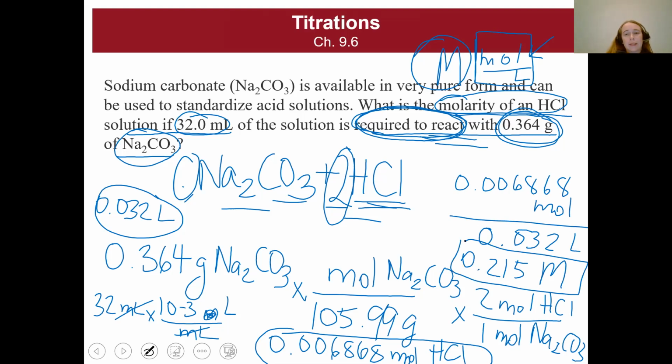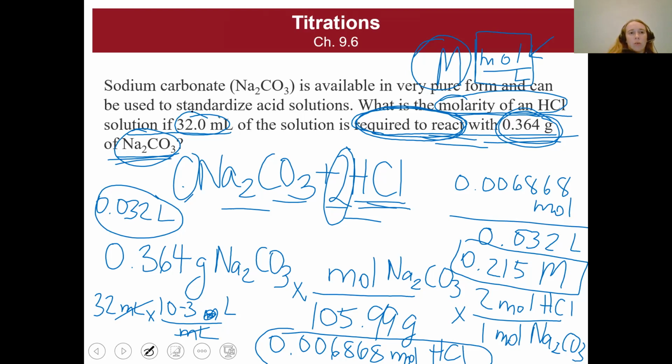So that is how you solve this type of problem. You look at what you're given. We were given two reactants, so we could write a reaction. We were given a mass of sodium carbonate with its molecular formula so that we could calculate moles. We could calculate the molar mass and the number of moles.